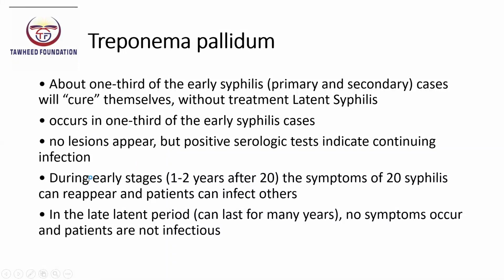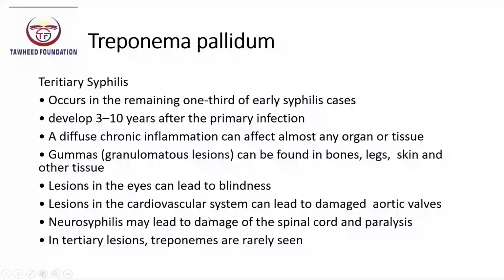In this stage, no lesions will appear, but positive serological tests indicate continuing infection. During the early stage, that means around 1 or 2 years, the symptoms of syphilis can reappear. The late period can last for many years. In this, no symptoms occur and patients are not infectious.